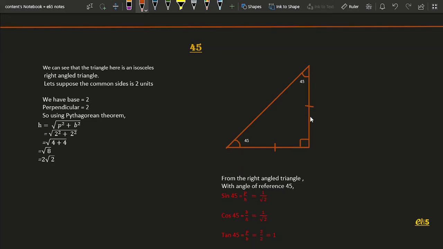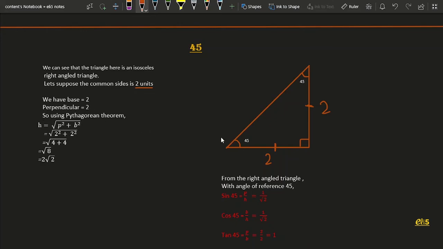So this side will be equal to this side. Now suppose the common side is 2 units. We have base and perpendicular as 2, 2.